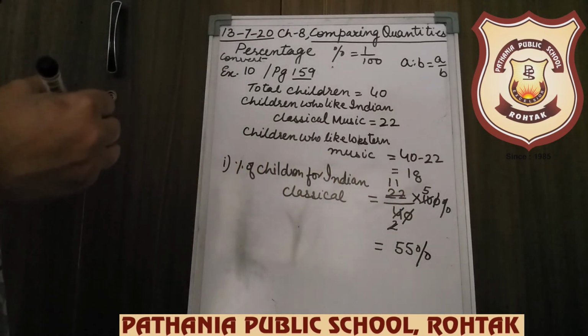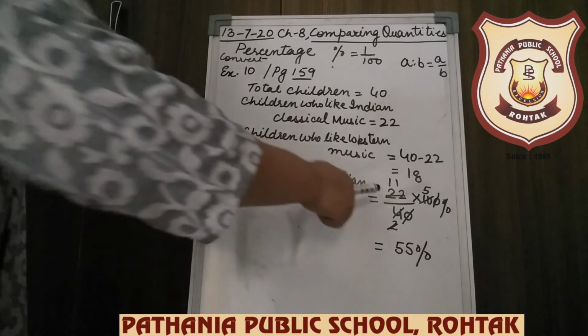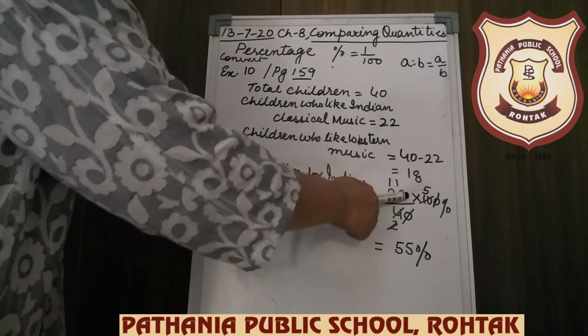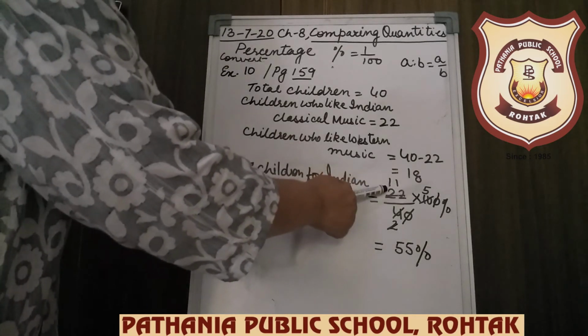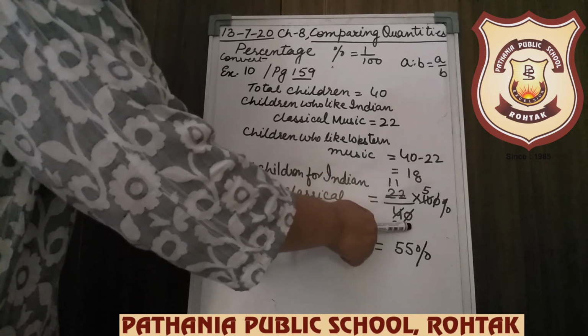Is this okay? The ratio is 22 students are liking classical music out of 40.